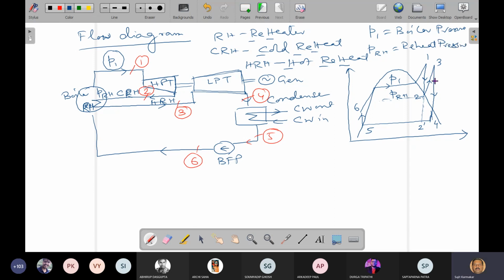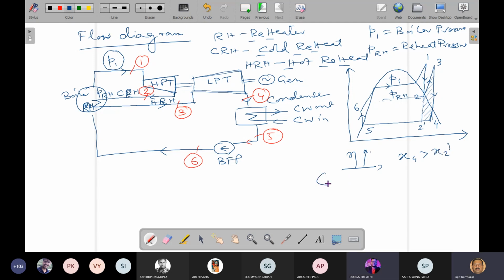So you can find that this is the additional work done we are getting here. Definitely in this case there is a chance, but it is not always mandatory. Efficiency goes to increase, but one point is very crucial. Here, x4 is greater than x2 dash.